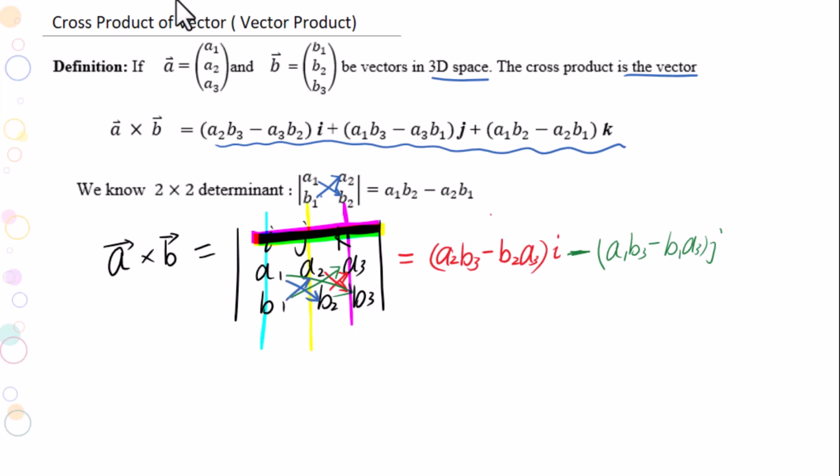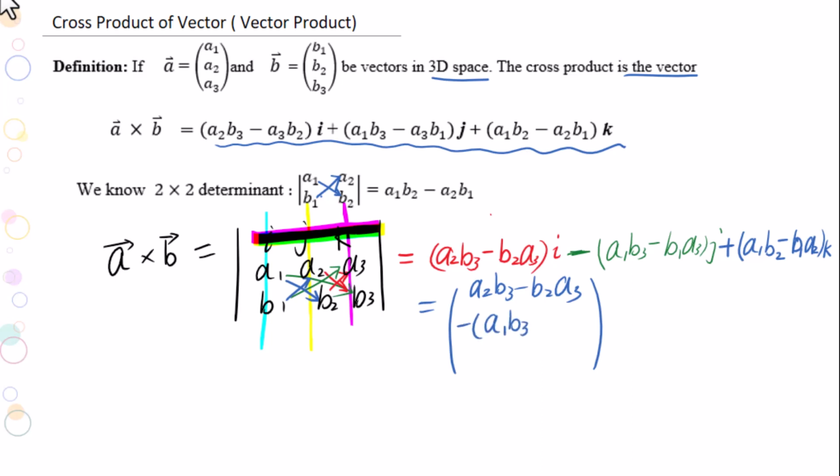For the 2 by 2 determinant, because A1, B1, A2, B2 are close to each other, it is positive: A1 B2 minus B1 A2, times K. Then we can write this vector in column form: A2 B3 minus B2 A3, negative A1 B3 minus B1 A3, positive A1 B2 minus B1 A2.